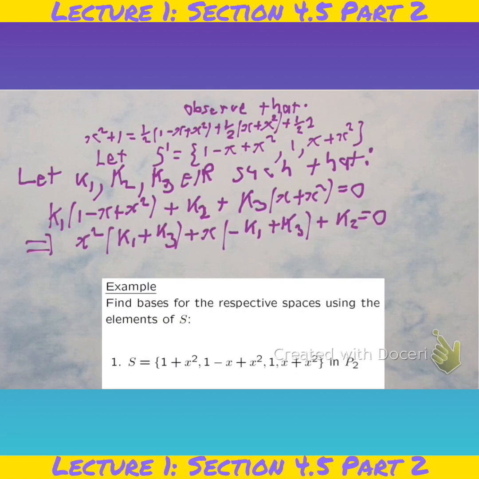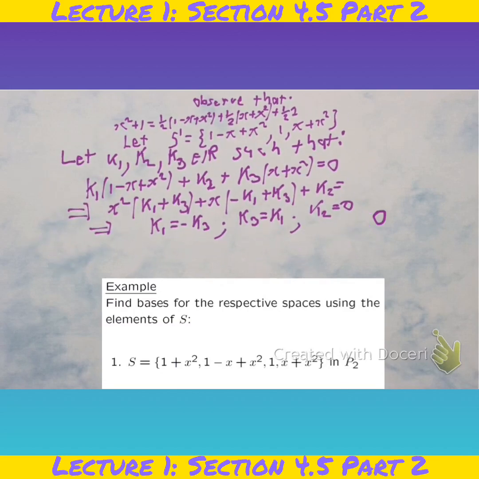So we get that, and then from there we have that, and from that we have k1, k2, and k3 are all zeros. So what's the moral of the story? This set S prime is linearly independent, and therefore S prime is a basis.